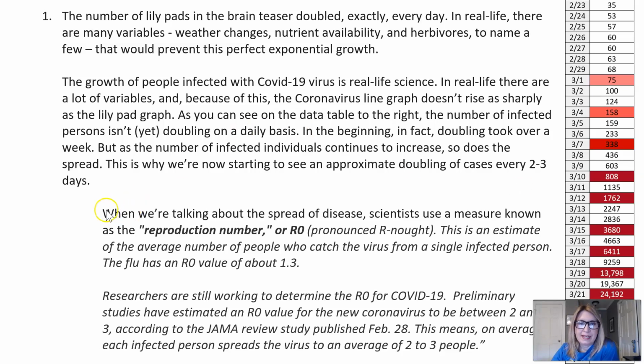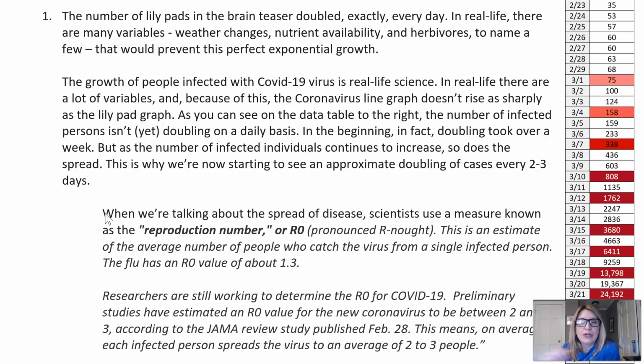I got this that is in italics. Well, I'll tell you the source below. But when we're talking about the spread of a disease, scientists use a measure known as the reproduction number, or R0. I think it's R-naught, but it's pronounced R-zero. This is an estimate of the average number of people who catch the virus from a single infected person.